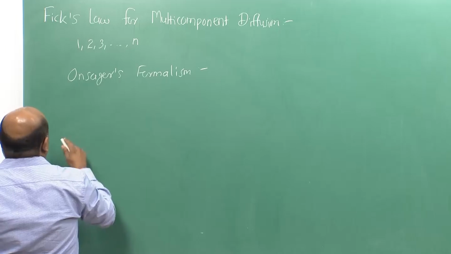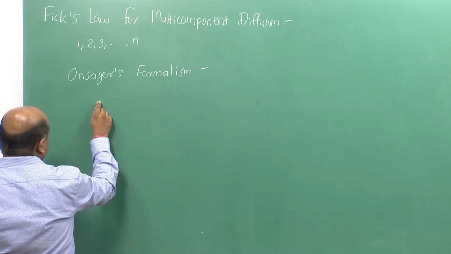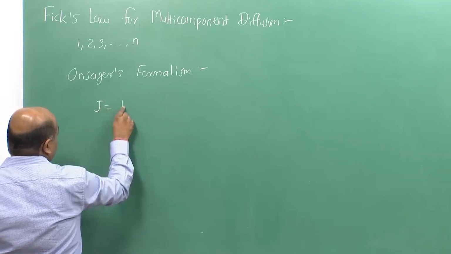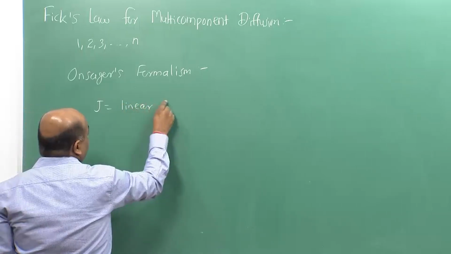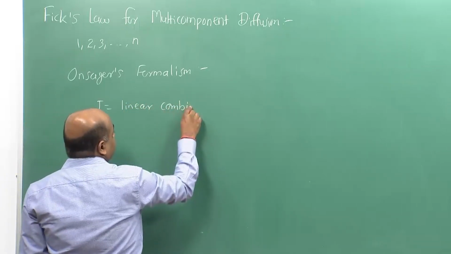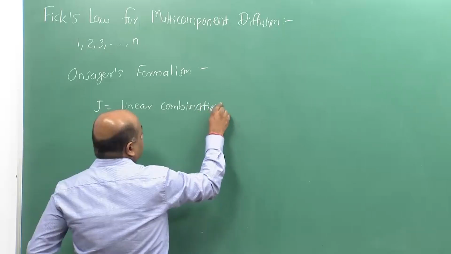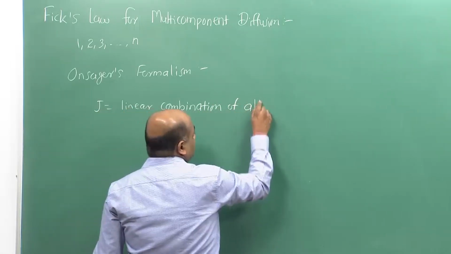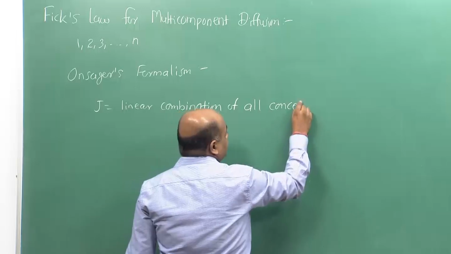So, using Onsager's formalism we express the flux as a linear combination of all the concentration gradients.